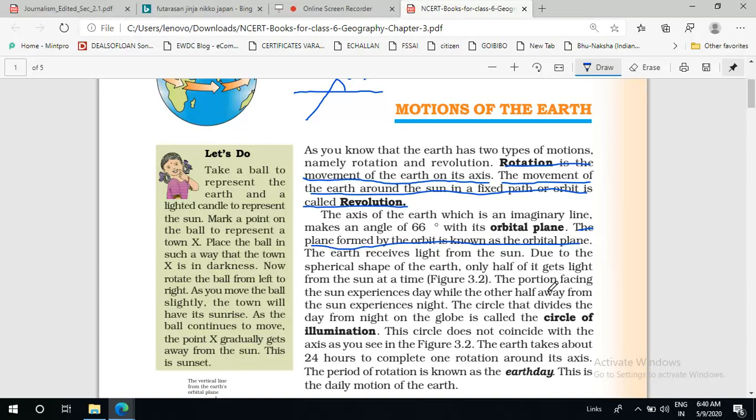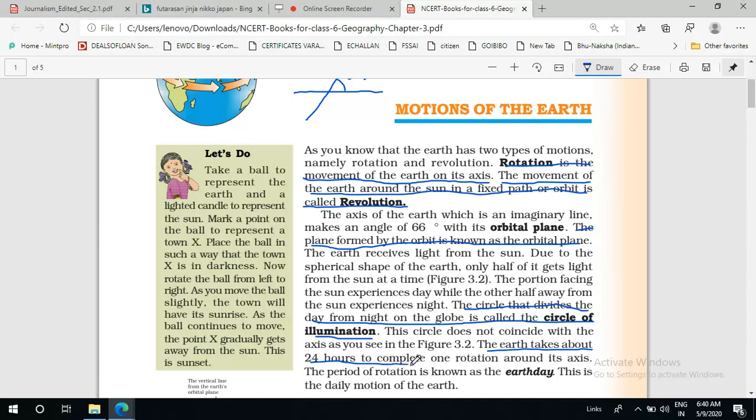Okay, then we have also discussed the circle of illumination. The circle that divides the day from night on the globe is called the circle of illumination. The earth takes about 24 hours to complete one rotation.